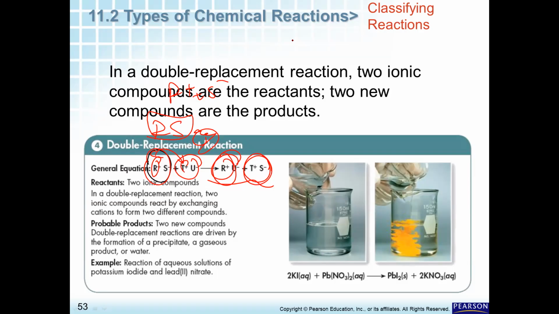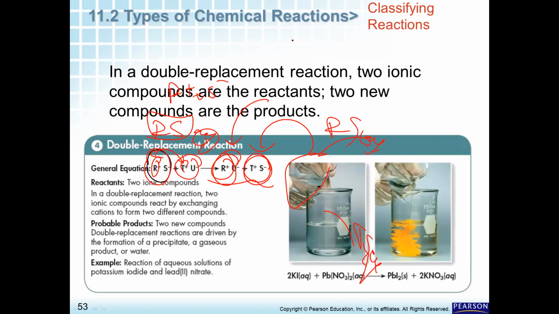Even in a case like this, sometimes the two products produced after the replacement are both water soluble, so there will be no precipitate. You mix two solutions and you get two solutions mixed together. But in most cases, as you can see, this beaker contains, let's say, the RS, and this is the TS, and both of them are aqueous, which means that they are soluble in water.